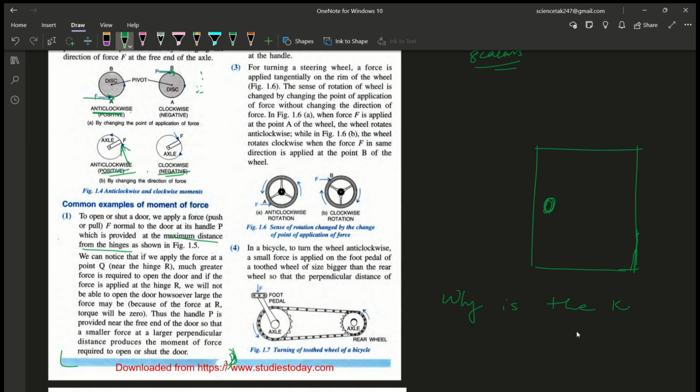Why is the knob situated as far from the hinge?